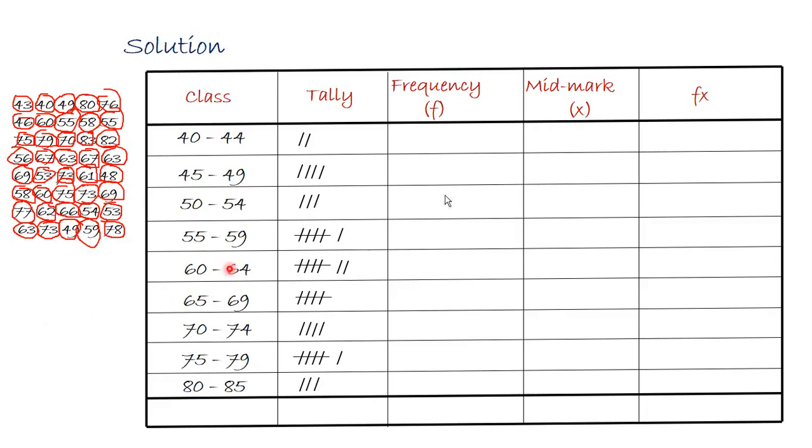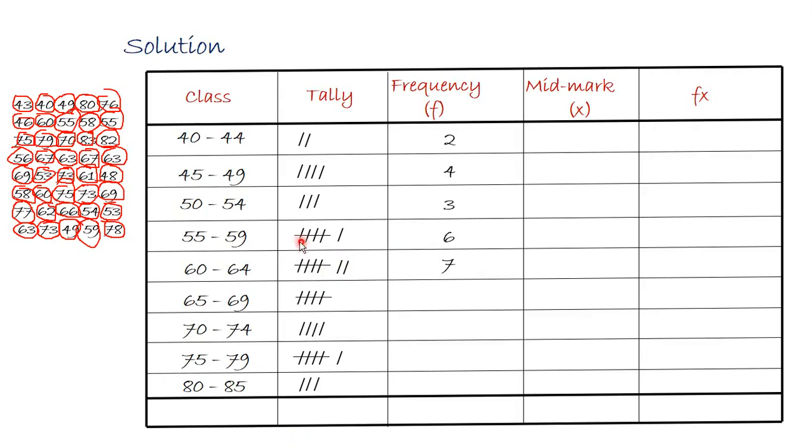In the first class we have 1, 2. So we shall have it there as 2. Then in the next class we have 1, 2, 3, 4. Shall have 4 there as the frequency. Then the next is 1, 2, 3. Frequency is 3. The next is a band of 5 plus 1, that is 6. The next is a band of 5 plus 2, that is 7.